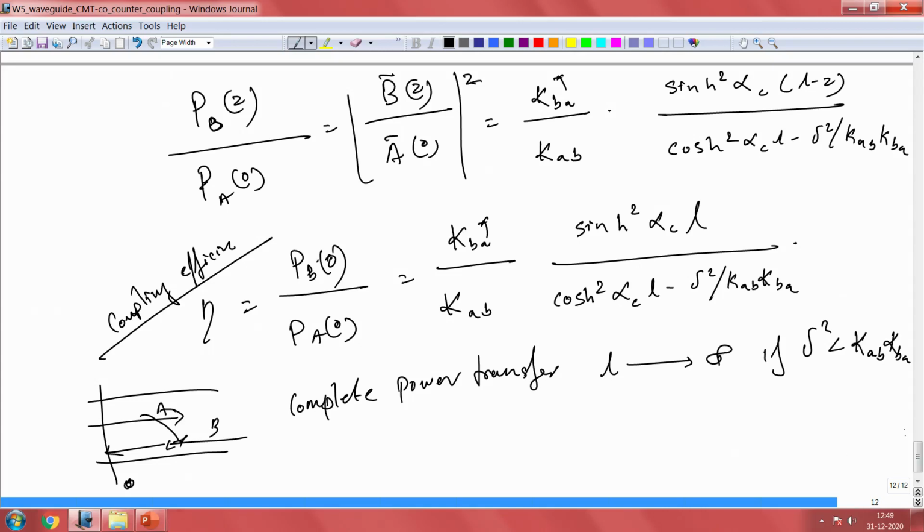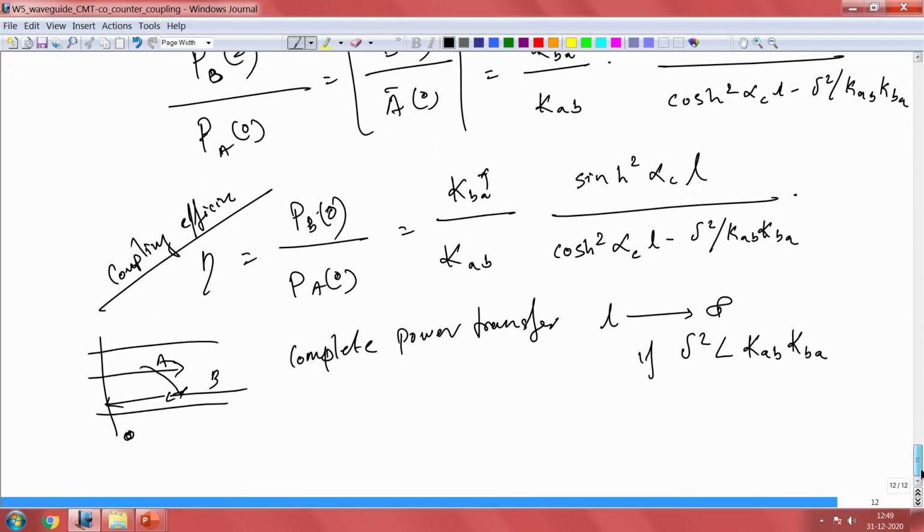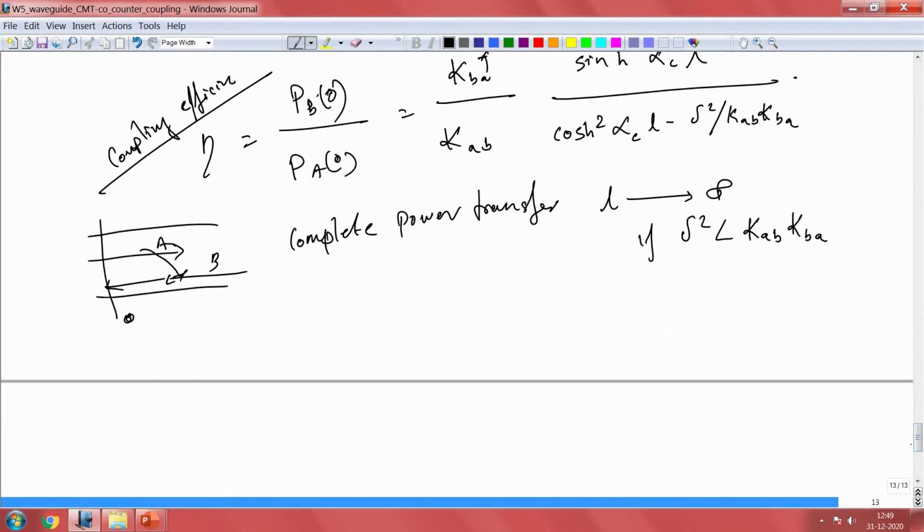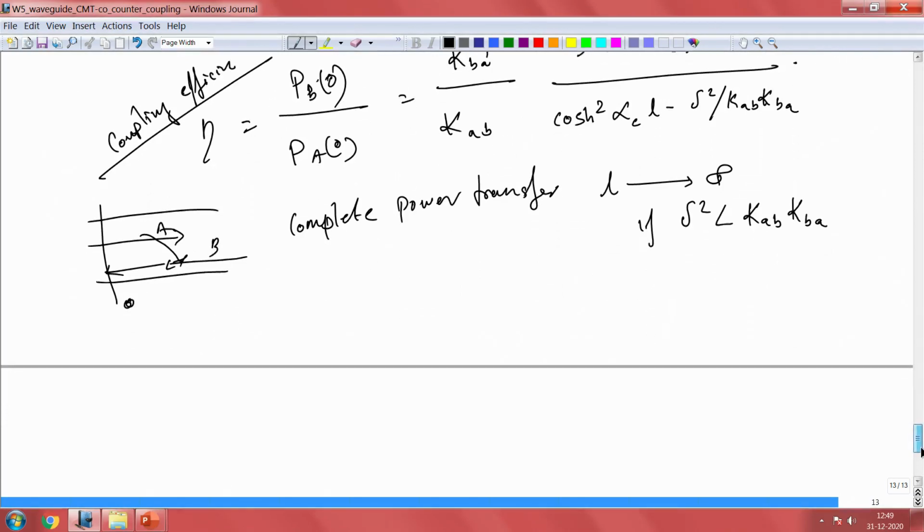That is the condition we should use. Let me write it here. If del square is less than kappa AB kappa BA, this is the condition with which you can have complete power transfer.